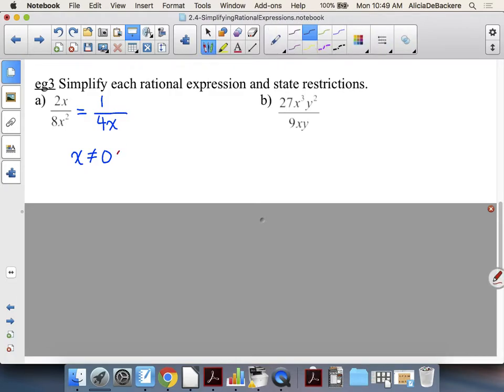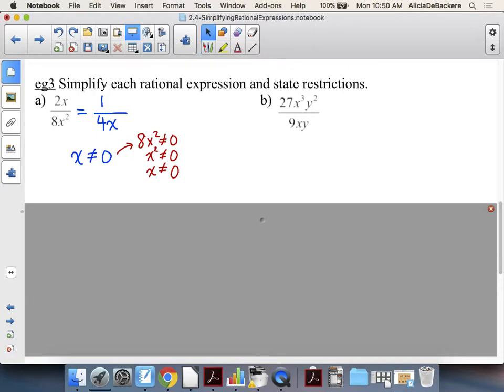So normally I wouldn't write this stuff in red, but what I was thinking about is that 8x squared can't equal 0. And then I can solve this for x. So I divide both sides by 8, and I get that x squared can't equal 0. And then I take the positive and negative square root of both sides. So I get x is equal to, the square root of 0 is just 0, and positive and negative 0 are both just 0. So in that case, I get x cannot equal 0. So I'm going back to the original question for that restriction.